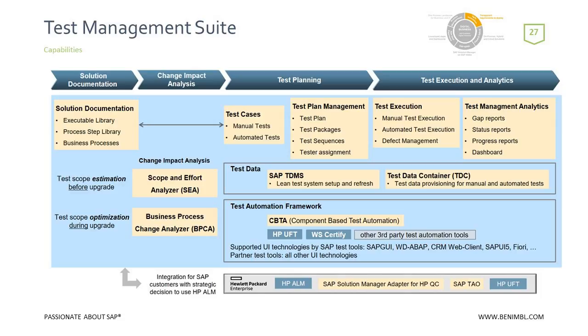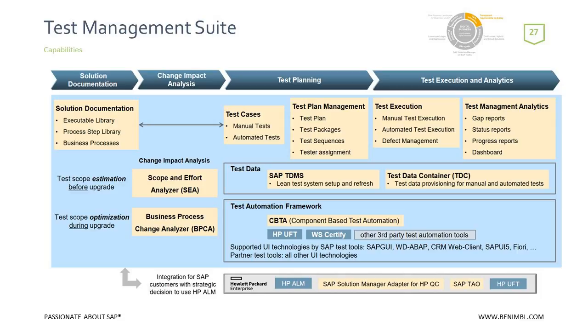Change impact analysis will be done through Business Process Change Analyzer, and that is for changes that are small for optimizations. For larger changes like support packs and enhancement packs, there is a scope and effort analyzer, which by the by still utilizes the BPCA to do the change impact analysis.